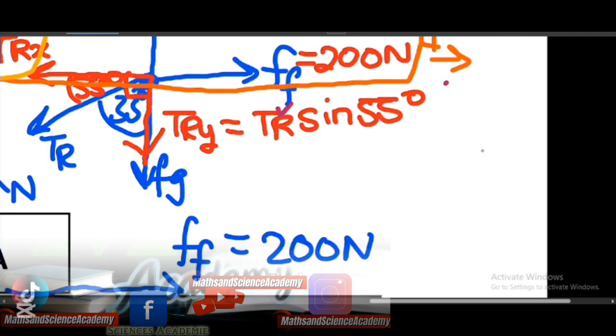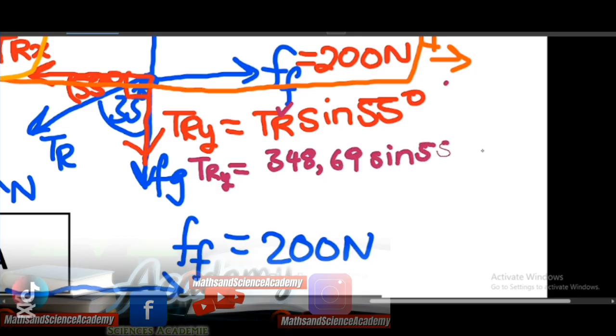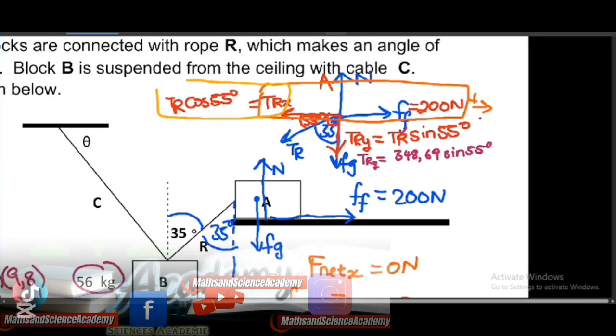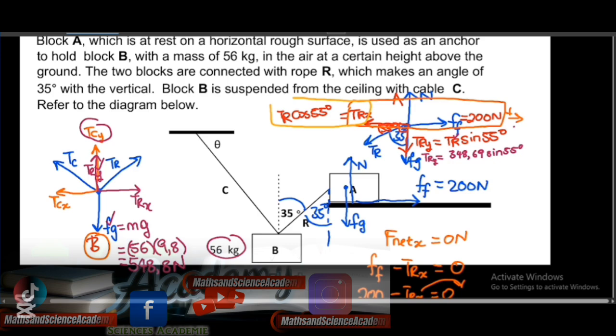Now we have to calculate Try, and we already know that Try is given by the formula Tr sine of 55 degrees, right? Where there is Tr, you'll substitute the Tr that we found, which was 348.69, to find our Try. So Try will be equal to 348.69 sine of 55 degrees, and then you punch that on your calculator.